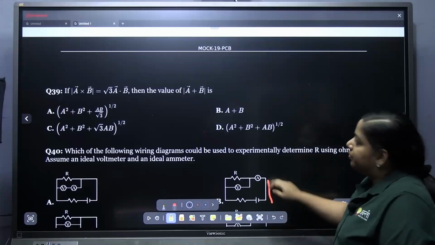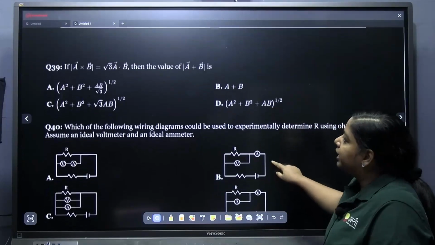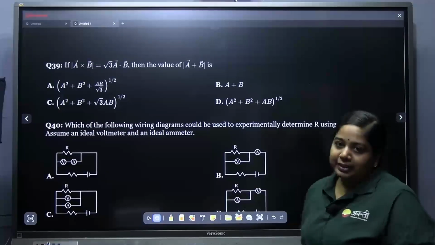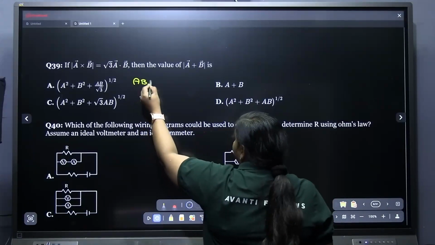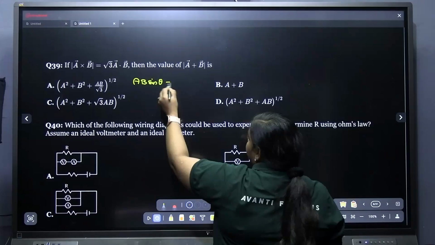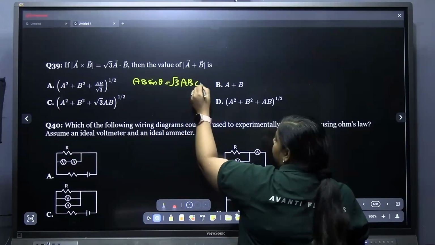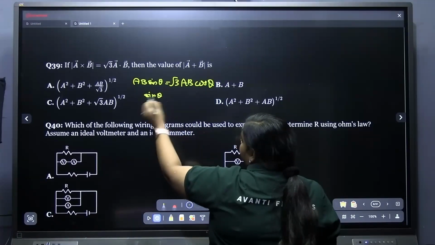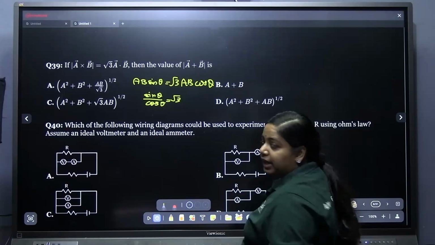Next one, if a cross b equals root 3 times a dot b, then the value of a plus b is. A cross b is nothing but ab sin theta, equal to root 3 ab cos theta, which means sin theta by cos theta equals root 3, that is tan theta.